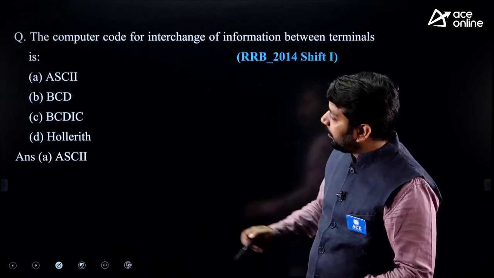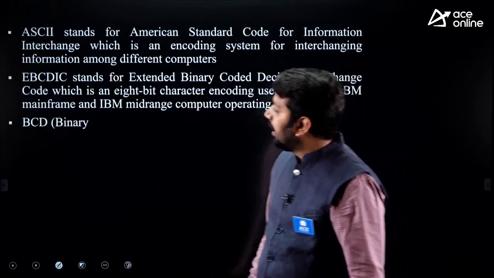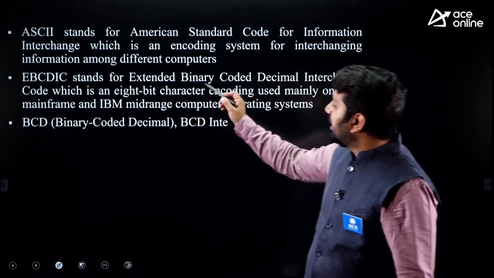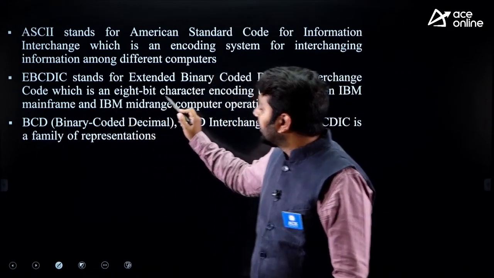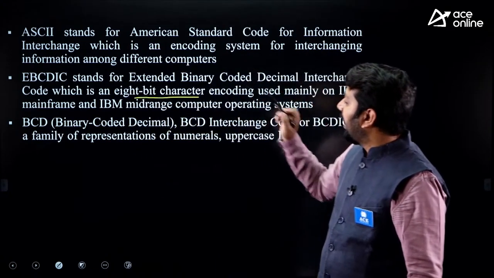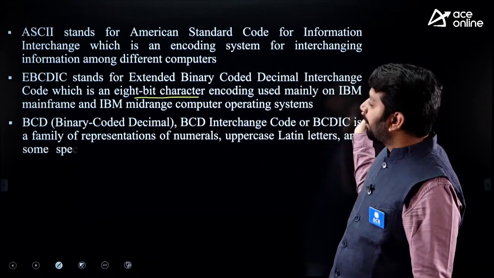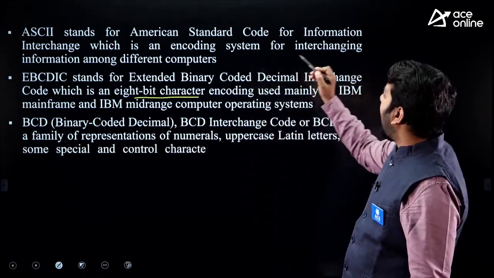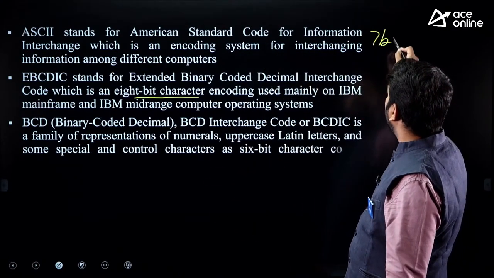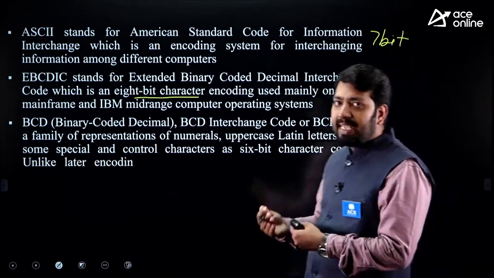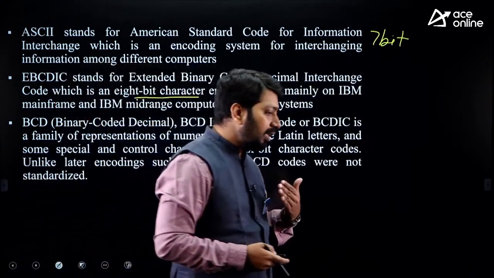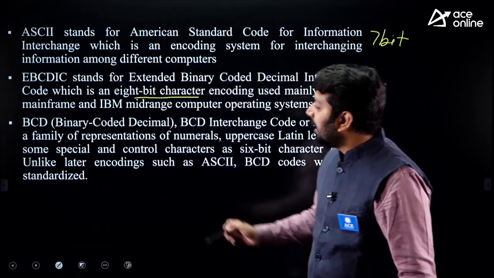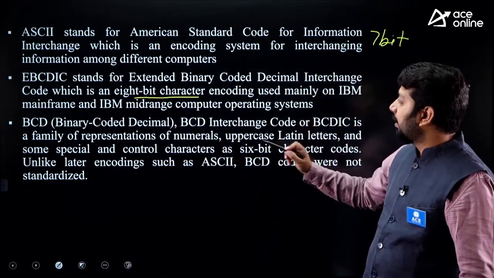Look, we have 4 options, so let me tell you about each and every option. EBCDIC is Extended Binary Coded Decimal Interchange Code, which is an 8-bit character encoding used mainly by IBM only. ASCII is a 7-bit representation. There is an extended version of ASCII which supports 8-bit, but original ASCII was 7-bit. Now BCD, binary coded decimal.